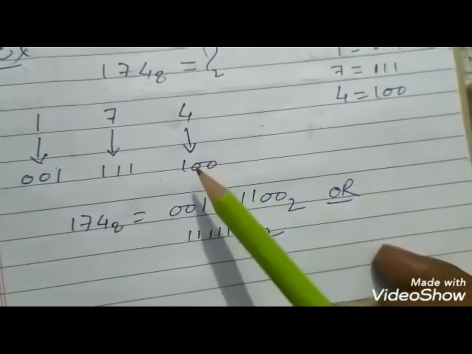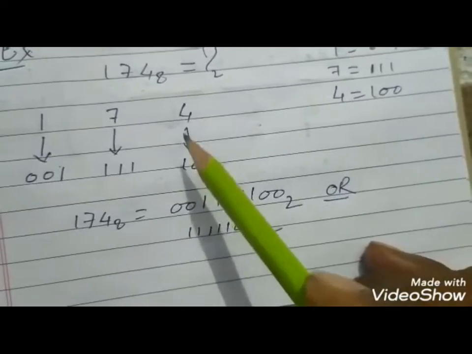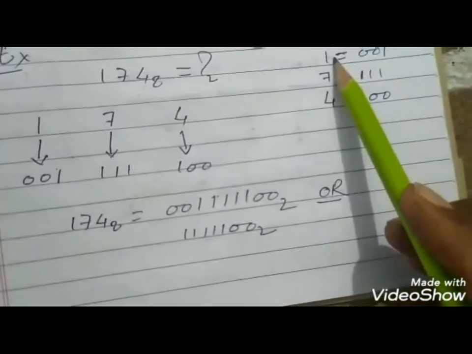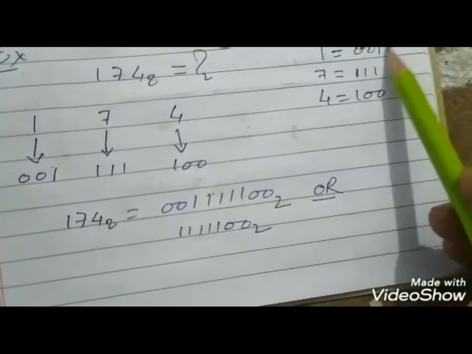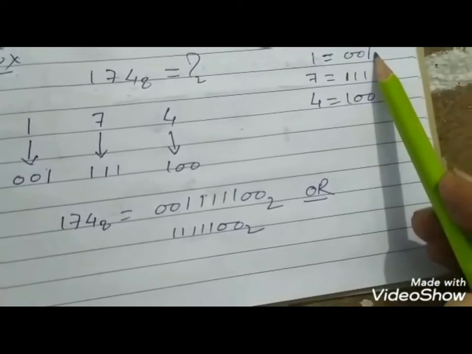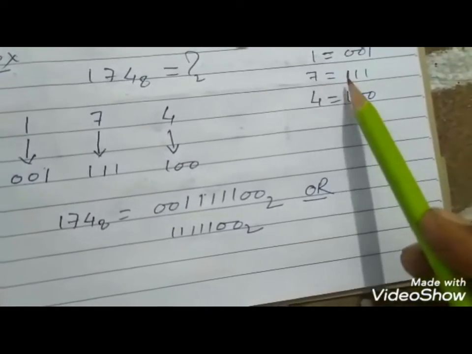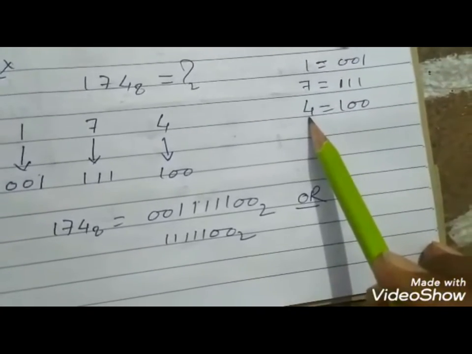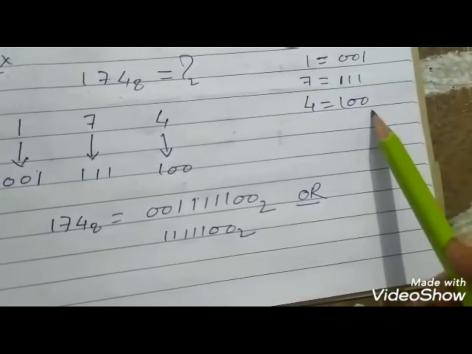Write its equivalent binary number. 1 is 001 in binary, 7 is 111, 4 is 100.